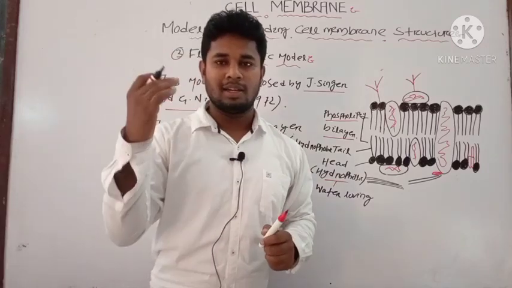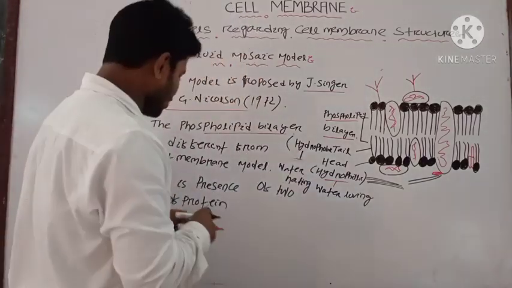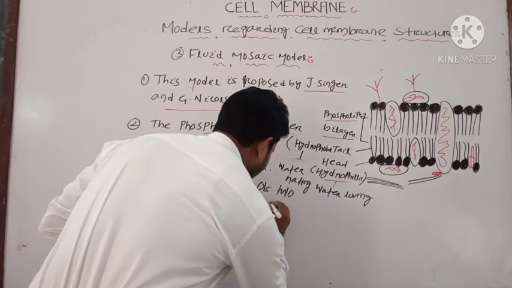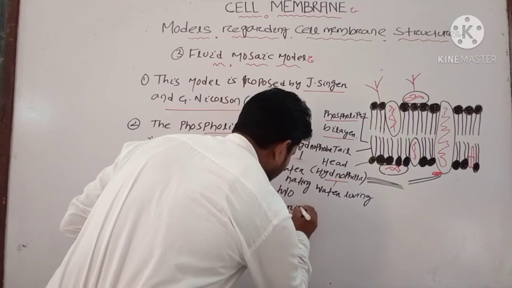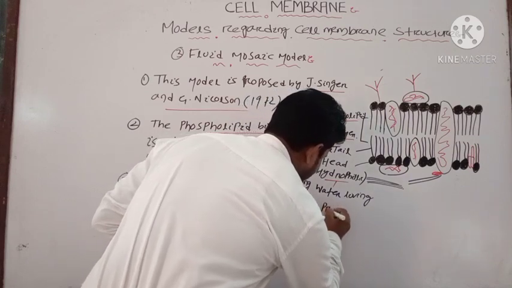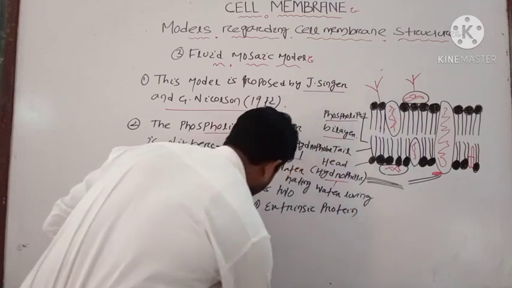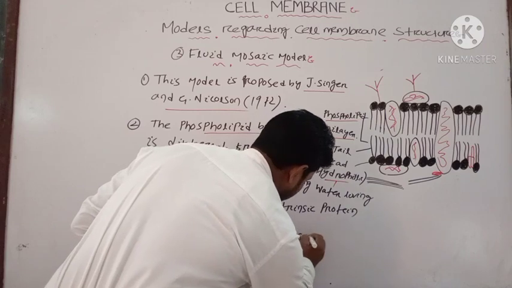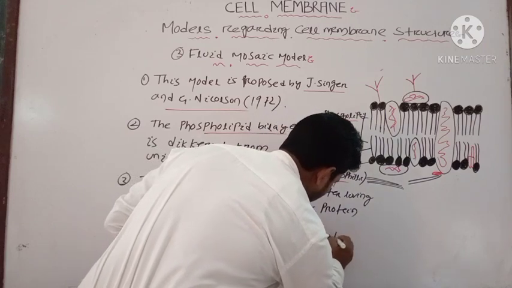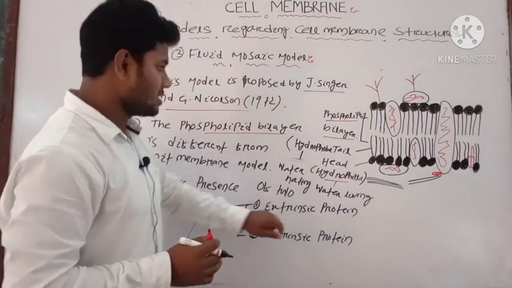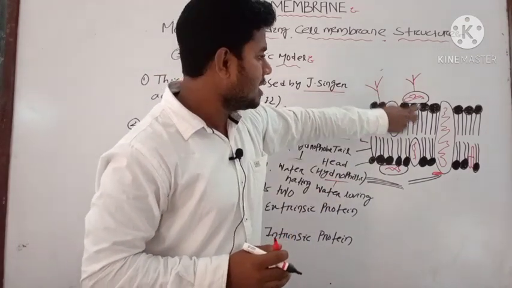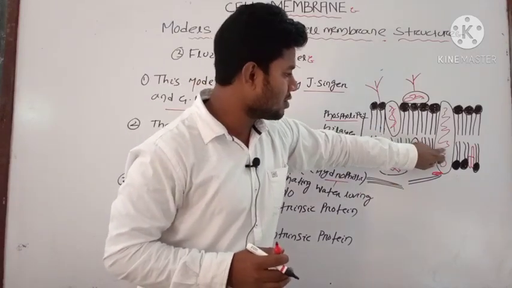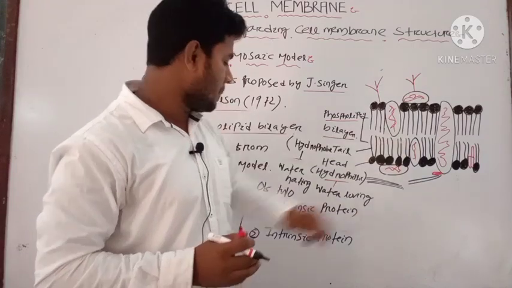One is your extrinsic protein and next one is your intrinsic protein. Extrinsic protein are present on the surface of the phospholipid bilayer, and some intrinsic protein are present inside your phospholipid bilayer.